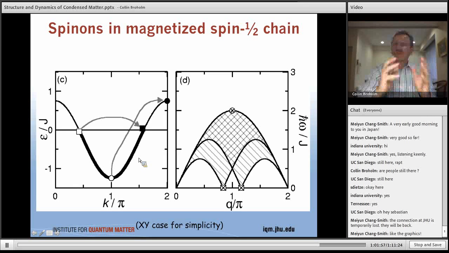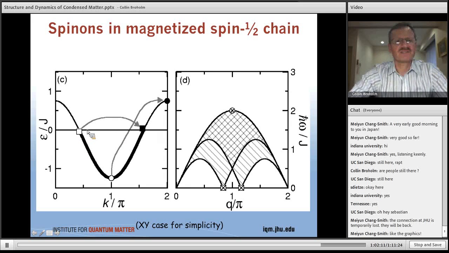When I apply a field to the spin chain, what that corresponds to in the language of these quasi-particles is actually to shift the dispersion relation away from this magic point of half filling which I had previously. So what's happened is that I now have more quasi-particles which have energy less than the chemical potential, and which therefore are in an occupied state, if you will.